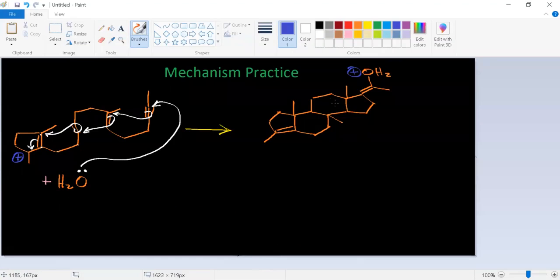Okay, so I've redrawn what's been going on. We got most of our molecule actually finished. We just have a few things we need to finish up. So we notice that our water that we attached is actually charged, and we want to make it not charged. If you remember in the beginning of this problem, we started with acid. So when we use up that proton, there's going to be a conjugate base floating around.